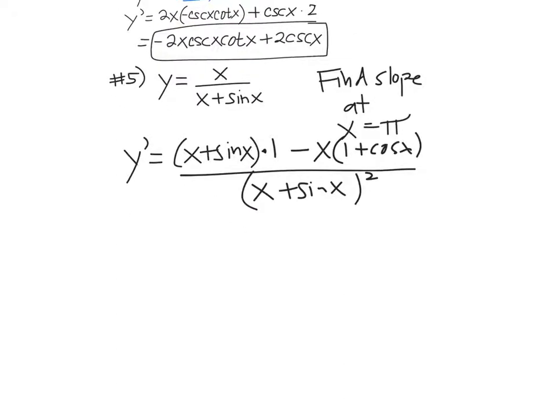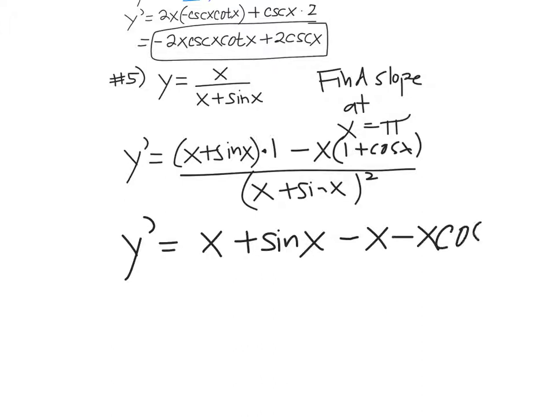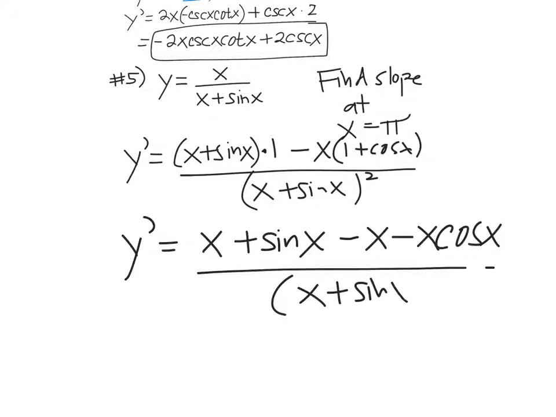Now let's fix this up. You get x plus sine x, so it's just 1 times x plus sine x. Then we have a negative x times 1 plus cosine x. So that's going to be negative x minus x cosine x, all over x plus sine x squared.